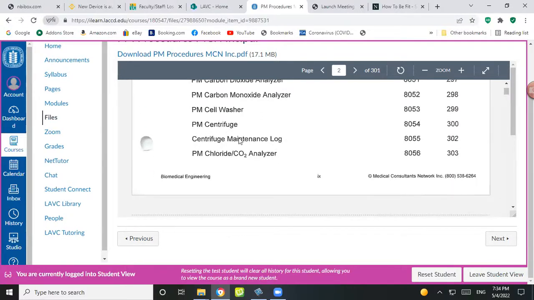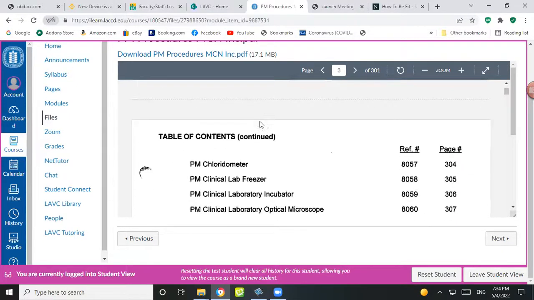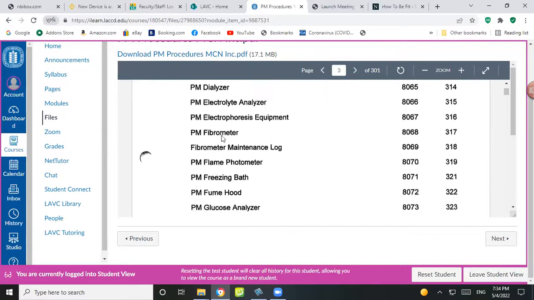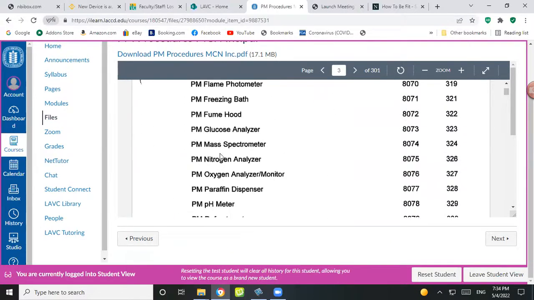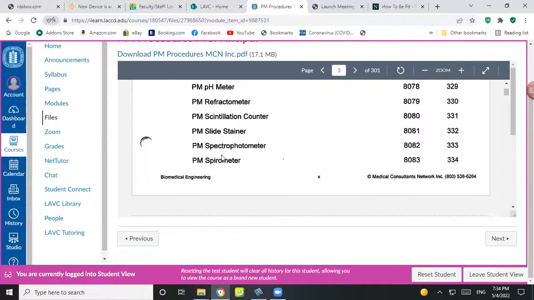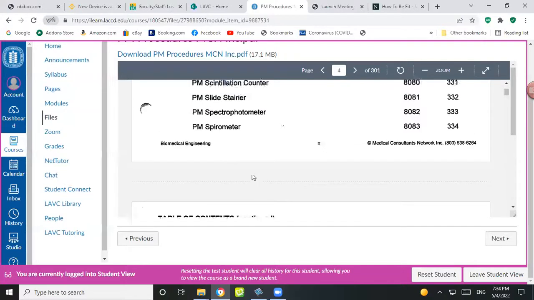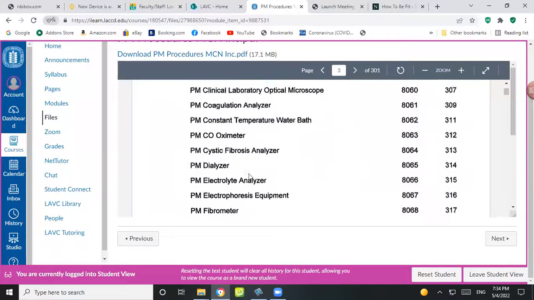So we have the PM for the centrifuge, the cell washer, and more. There are a bunch of them here, including tissue strainers and all the procedures.